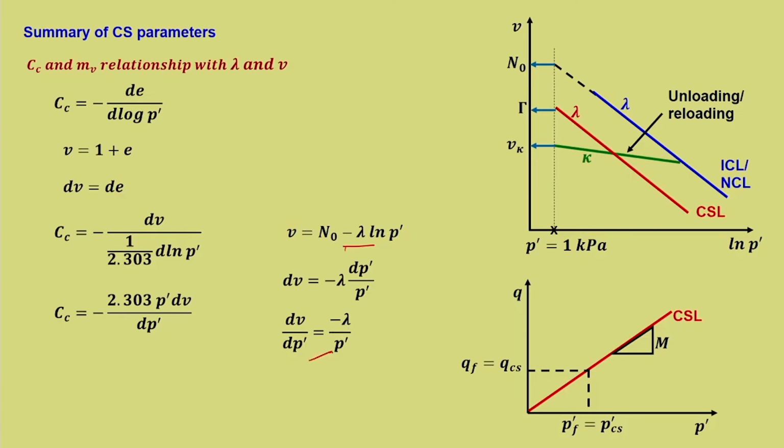Substituting this dV by dP dash, Cc can be written as 2.303 lambda. So knowing Cc, lambda can be determined. For Cr, that is for the unloading reloading line, the same equation holds, only instead of lambda it becomes kappa.